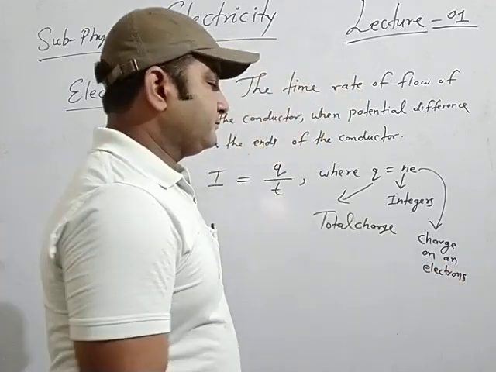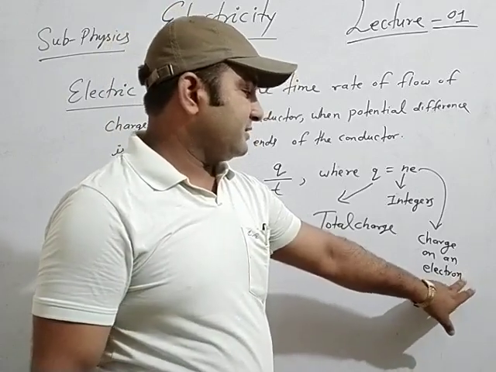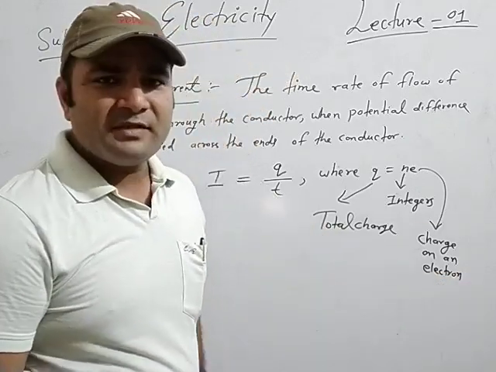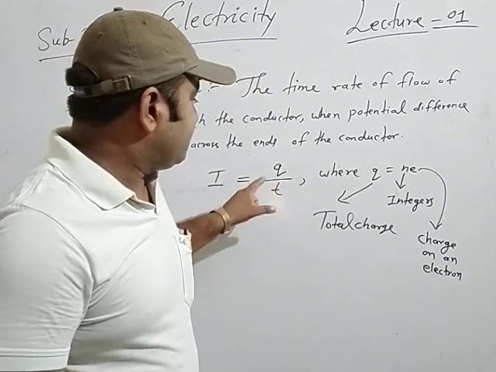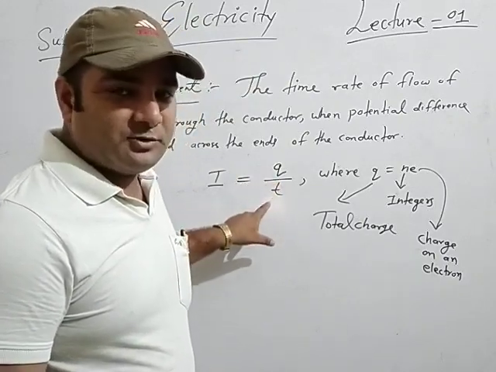Clear? And the concept of this one is a very easy concept. Coulomb is the unit of charge, and second is the unit of time.